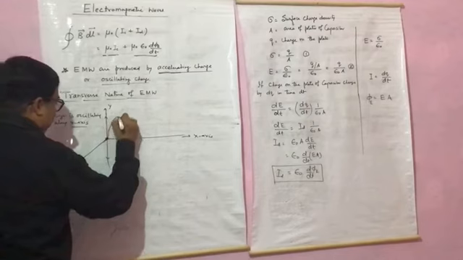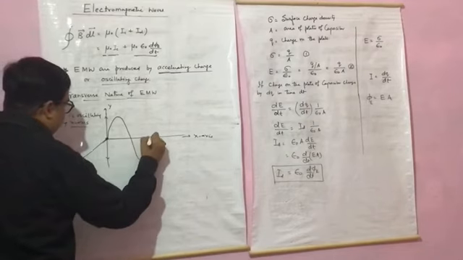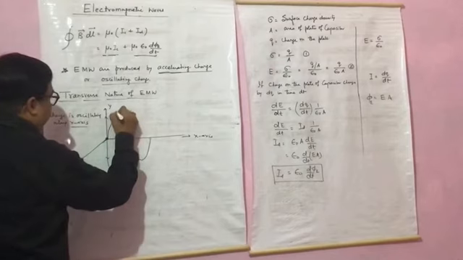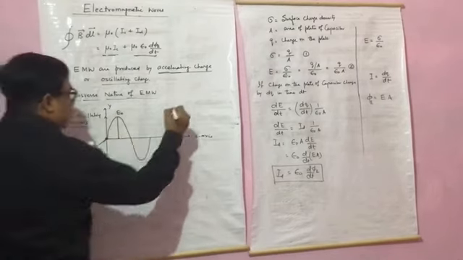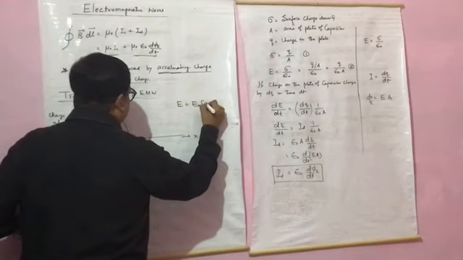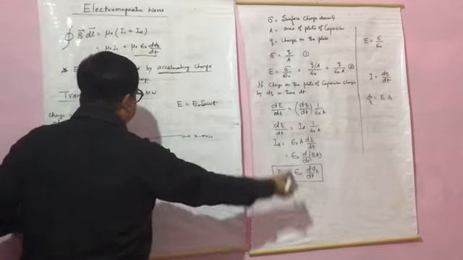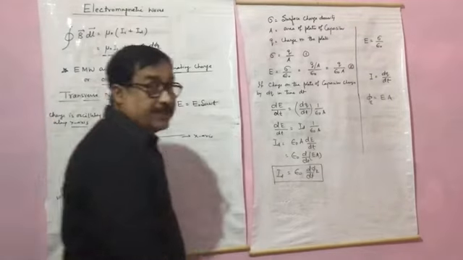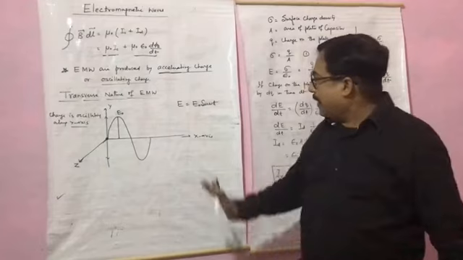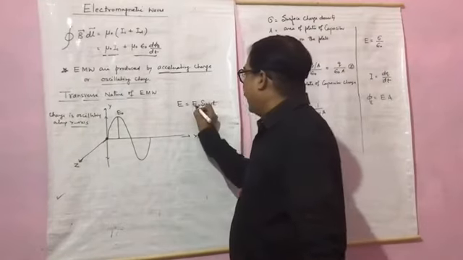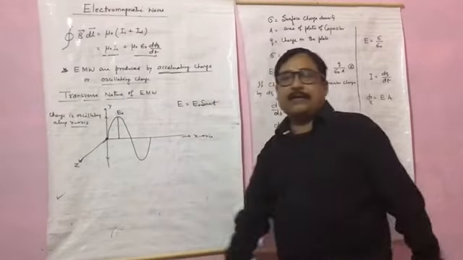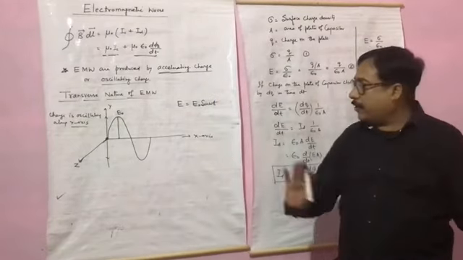So this is the electric field, and this is the peak value of the electric field, E naught. The electric field produced is E = E naught sine omega t, where omega is the angular frequency of the charge, and that is the angular frequency of the electric field also. E naught is the peak value, and the electric field is time dependent and varies with time.